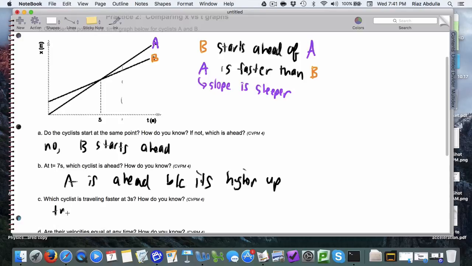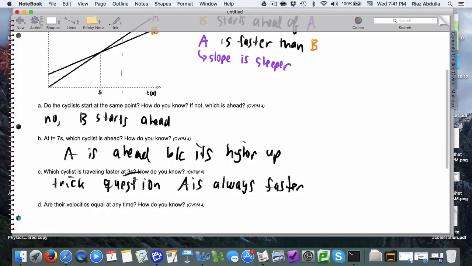Which cyclist is traveling faster at 3 seconds? Trick question. A is always faster. And I'm just going to tell you right now, this little faster at a specific time, I'm going to do that with steady velocity all the time. Trick question, A is always faster because its slope is always steeper.